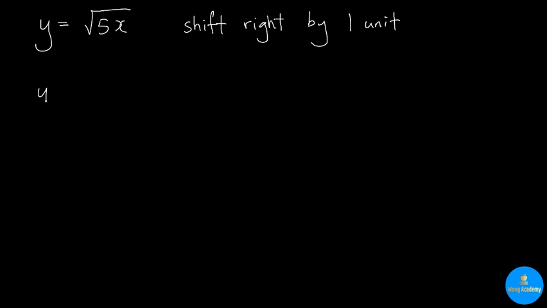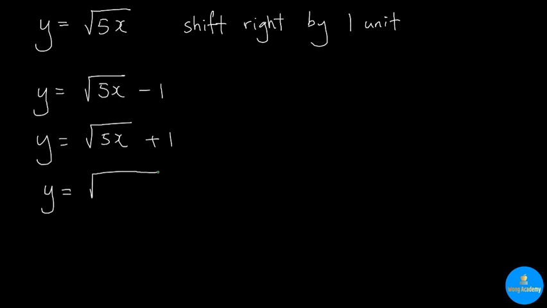Is it y equals square root of 5x minus 1? Y equals square root of 5x plus 1? Y equals square root of 5 times x minus 1? Or y equals square root of 5 times x plus 1? Which one do you think is correct?